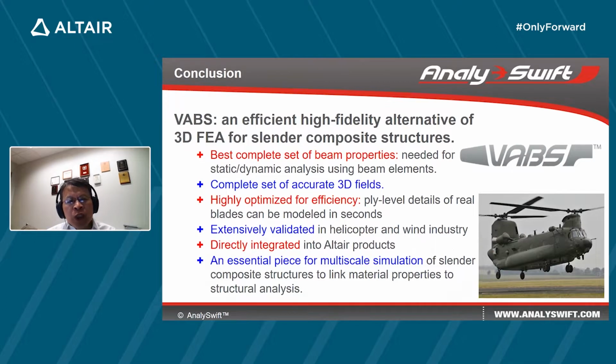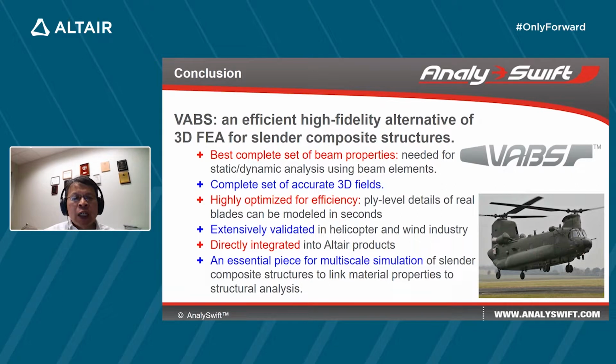And as a conclusion, WEBS provides an efficient, high-fidelity alternative to 3D finite element analysis for slender composite structures, for any structure with a cross section much smaller than its length that you want to analyze as a beam.